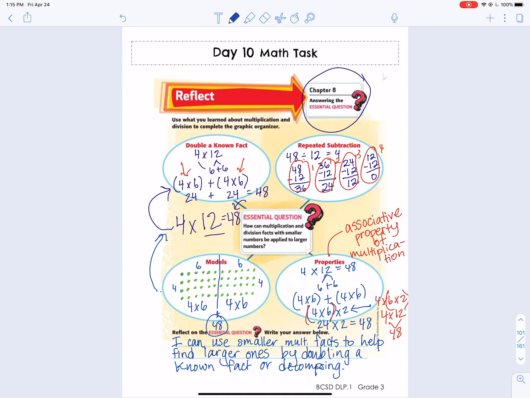I definitely wouldn't want to approach this day 10 math task without having some kind of background knowledge, because this is more of a let's see what you've learned type of math task that I would give my students after we've been practicing for a while.